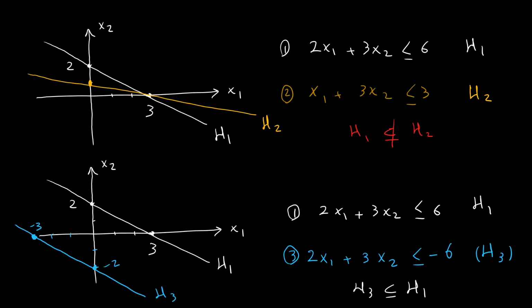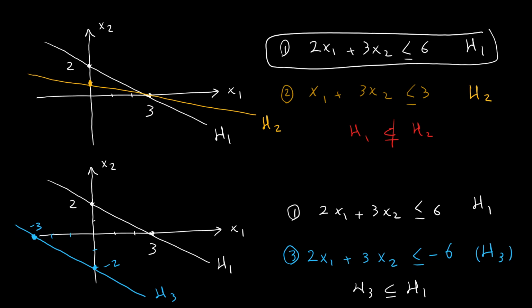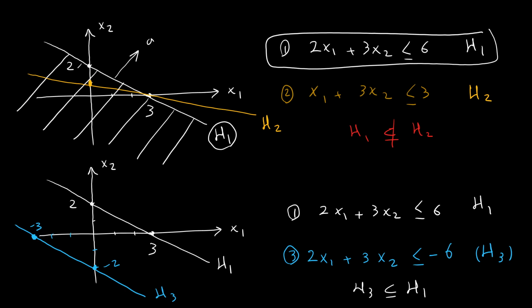Before introducing all the complicated formulas for the conditions for the solution of this problem, I just want to show you pictorially what happens when one half space is not contained in another one. Suppose we have half space H1, and according to its A, or normal vector, all the points here are contained in this half space.